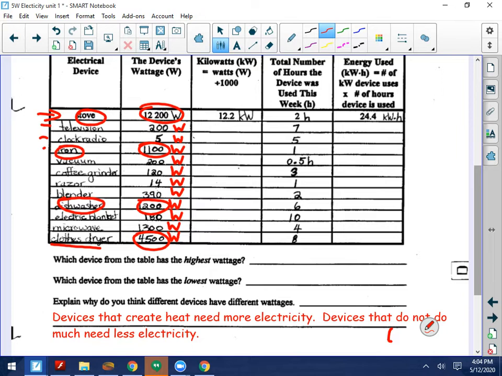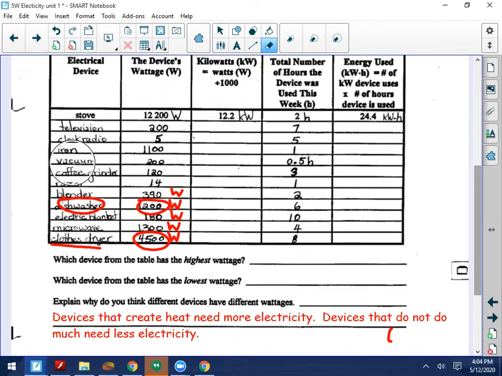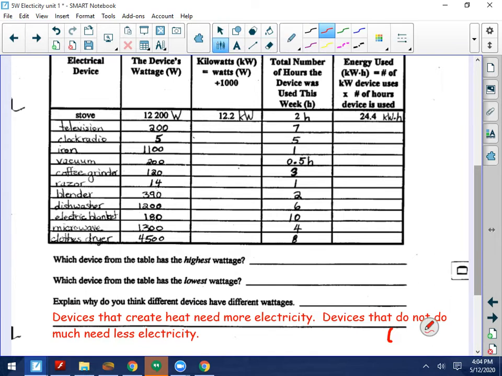Okay. Now, to calculate watts into kilowatt hours, we've got to do a wee bit of math here. So a television, if it takes 200 watts, to find out how many kilowatts that is, we are going to divide by 1,000.